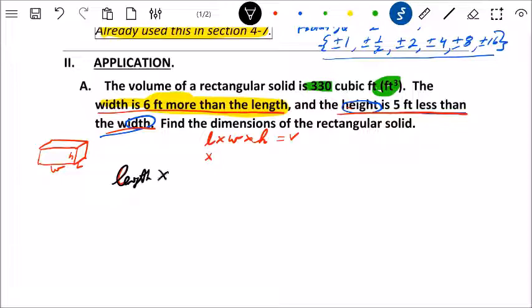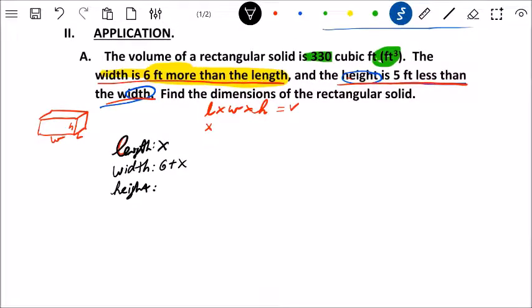If we make the length x, that means the width is going to be 6 plus x, and then the height is going to be 5 feet less than that.